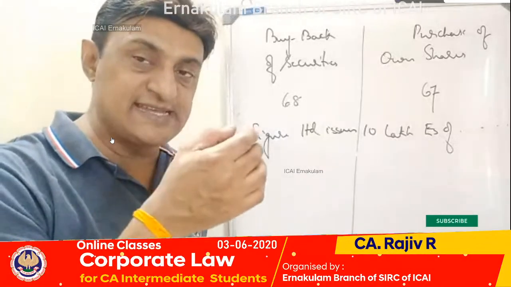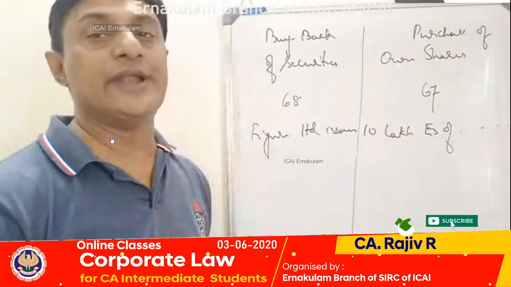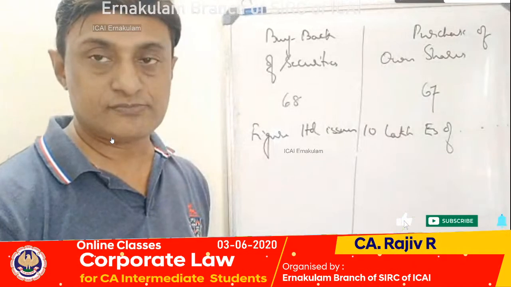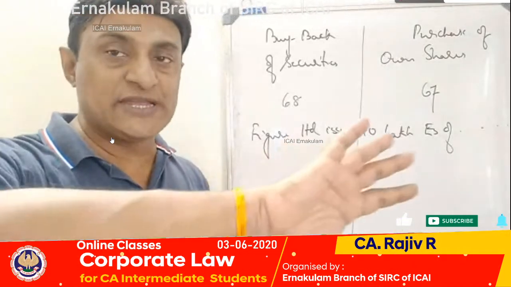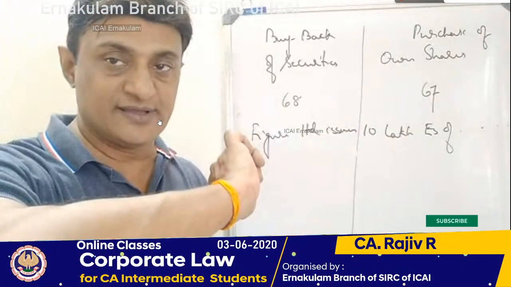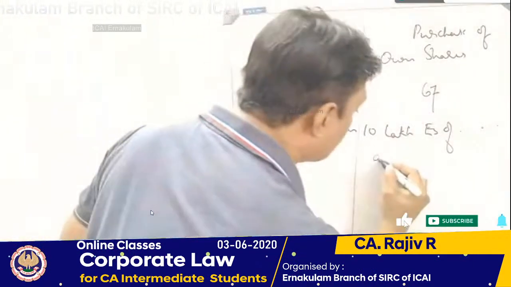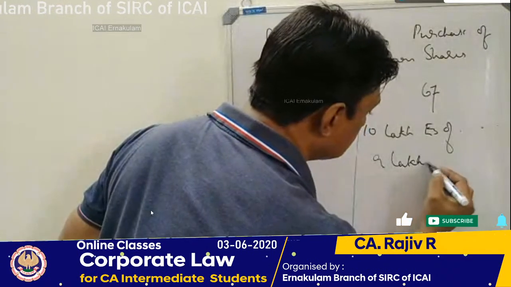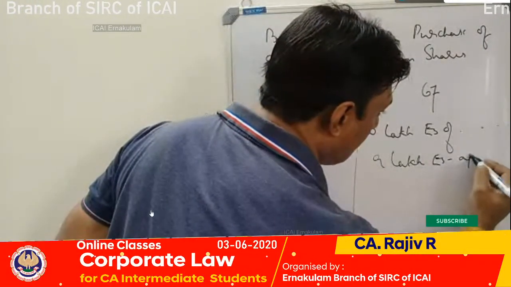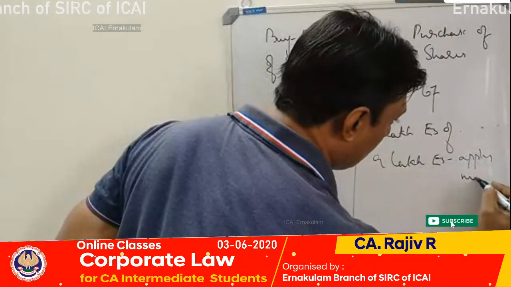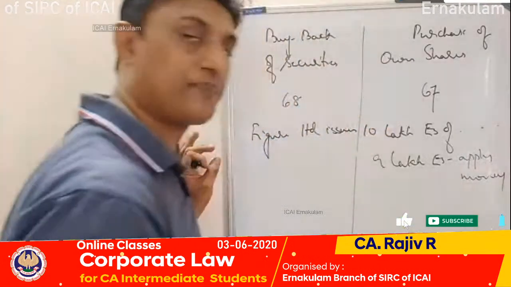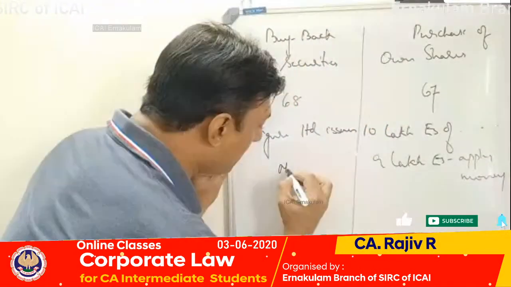The company is hesitant to enter into an underwriting agreement. Keeping the prospectus and section 26 aside, what is the minimum subscription here? 9 lakh equity shares, in respect of which the application money should have come. This is the minimum subscription.